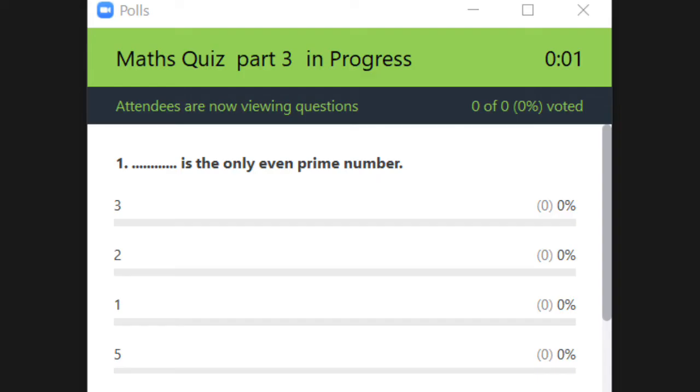Round 3, question number 1. This is the only even prime number. Oh, it's very easy. And the options are also very easy: 3, 2, 1 or 5. Select the correct option. It's really very easy, children.